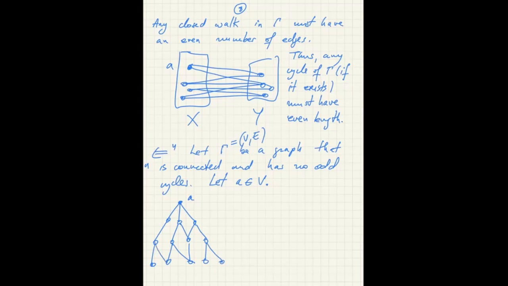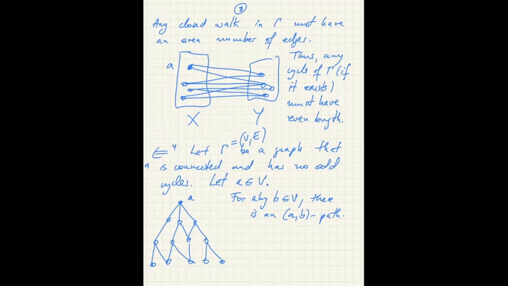Now, the graph is connected. So that means that for any B in V, there is an A-B path, a path from A to B. Even in the case of B equals A, that path is just one vertex.